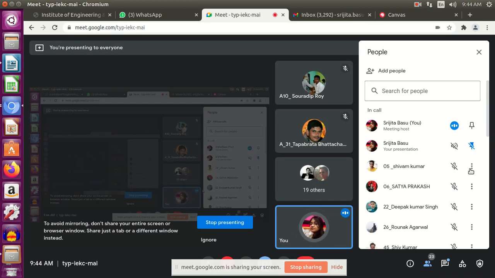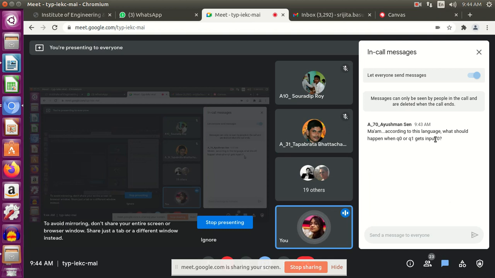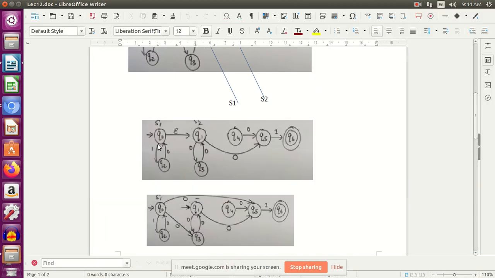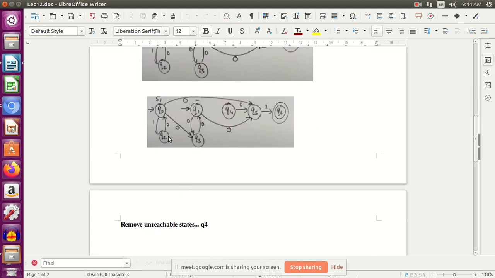Someone had written something in the chat box. Ma'am, according to this language, what should happen when Q0 or Q1 gets input 0? Okay.